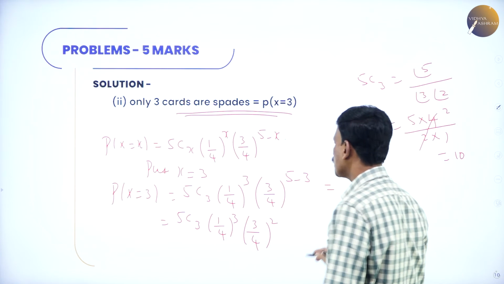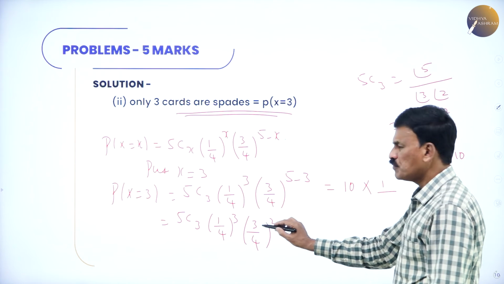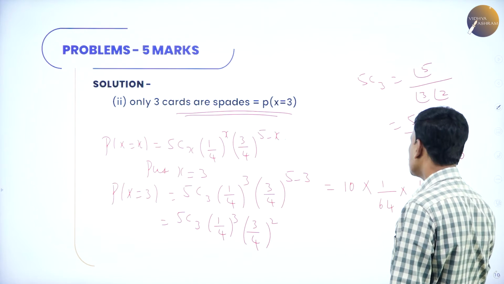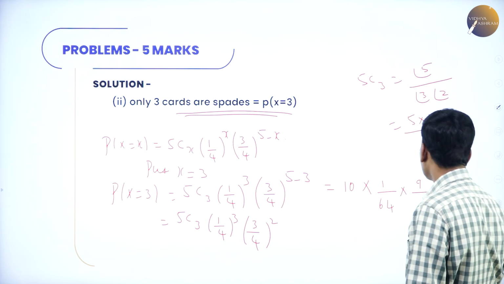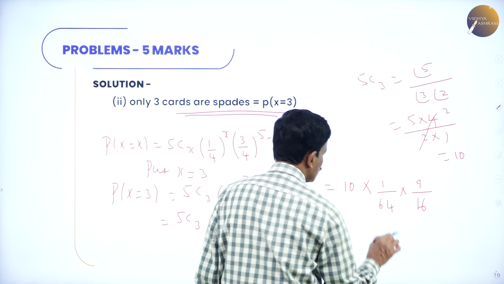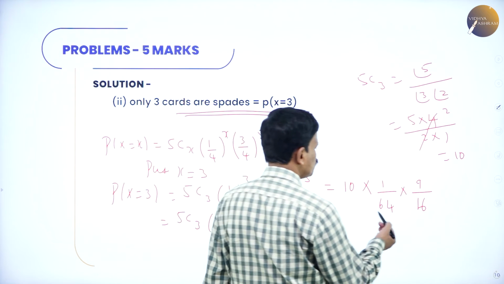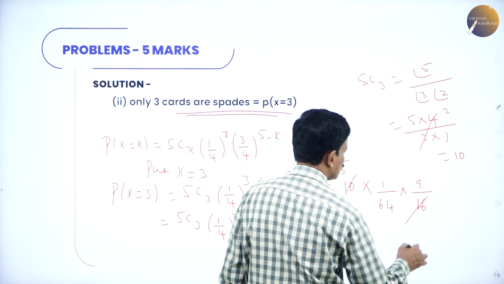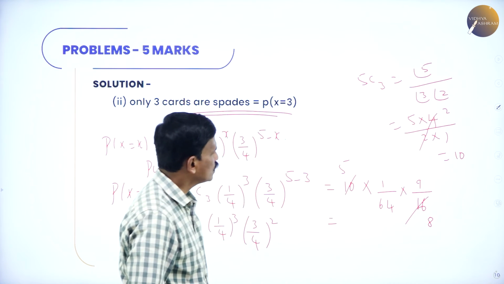So this can be written as 10 into 1 divided by 4 4s are 16, 16 4s are 64, into 3 3s are 9 divided by 4 square, 4 4s are 16. You can simplify this by dividing by 2.